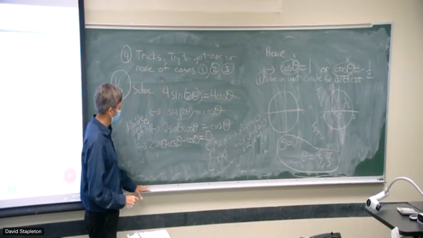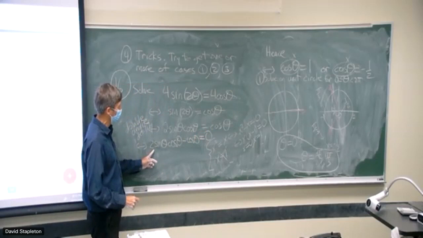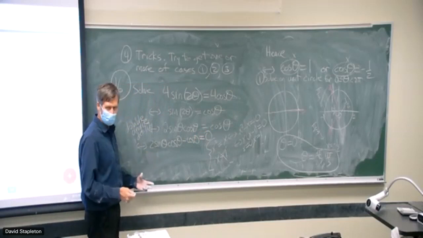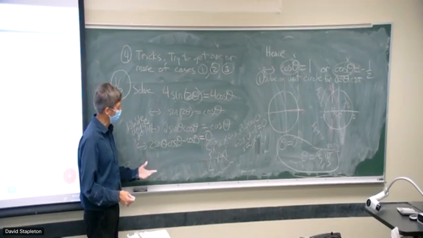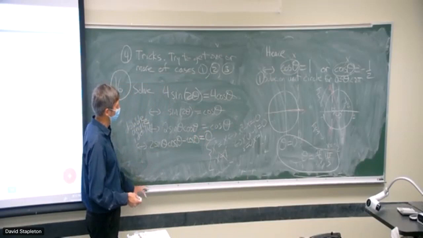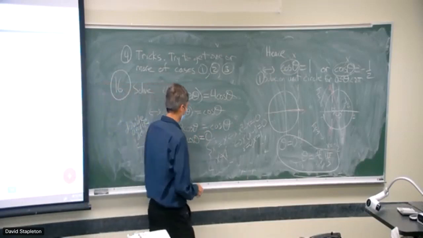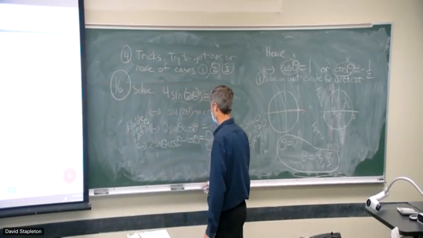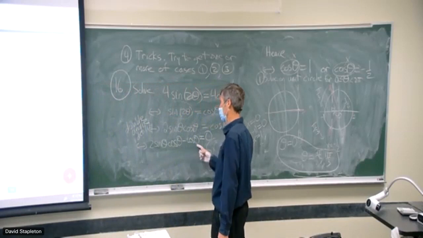If you divide through by cosine theta, get 2 sine theta equals 1, and solve that, I might give you half credit on the test because you got half the answers. But the machine is going to say wrong until you get everything perfect, right? So on the homework, it's going to give you 0 credit once you do that, and you're going to always wonder what happened. Now we can do this.